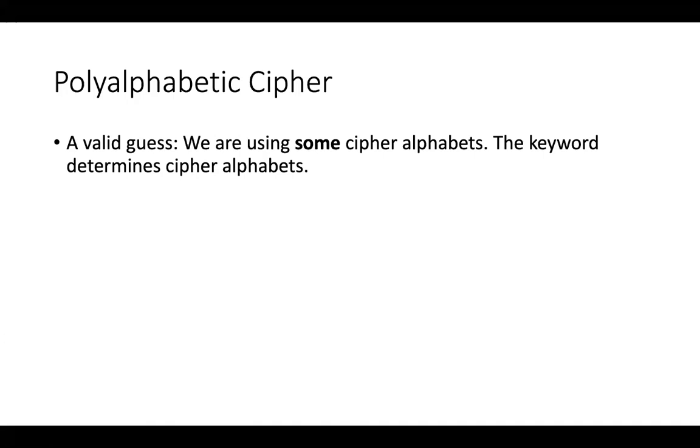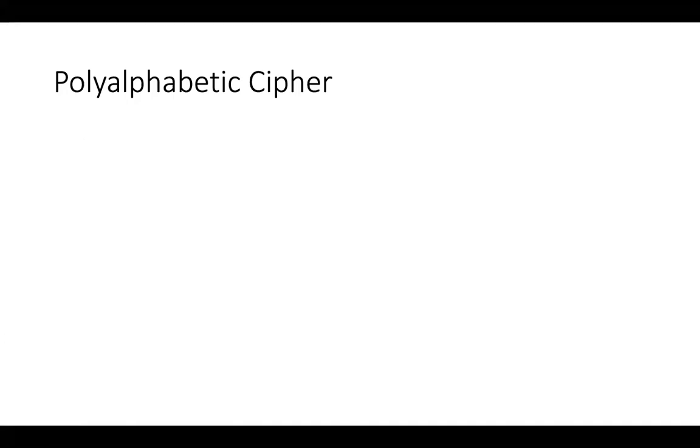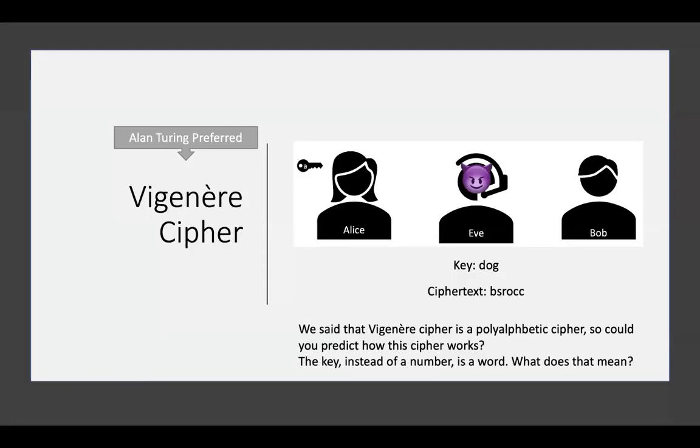Previously, we used, for example, the number 4 to shift the whole alphabet 4 units afterwards, so A corresponds to E in the plaintext. This time we're using some cipher alphabets because the key is actually dog, so we could expect something different than that.